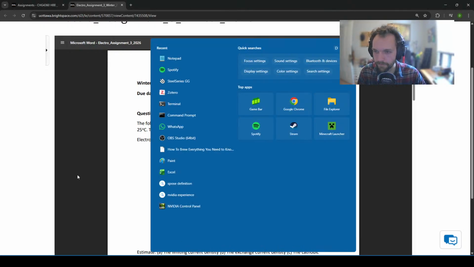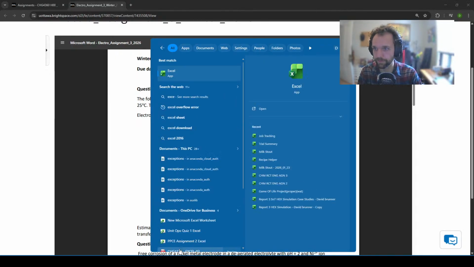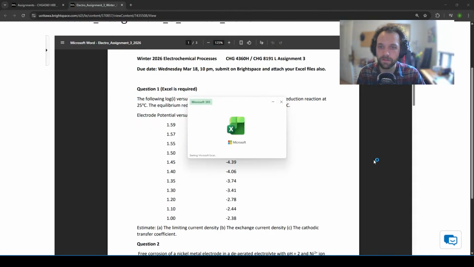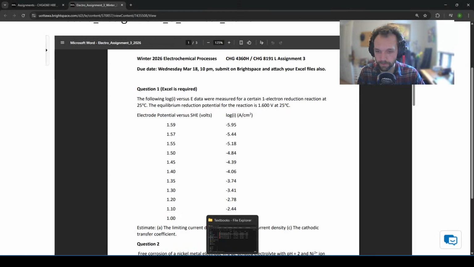Yeah, Excel is required. No, let's create an Excel in the folder.